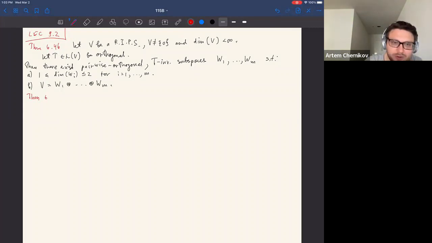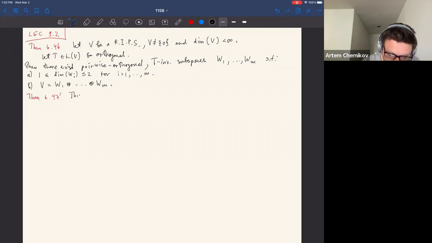So this was theorem 647 prime. Given this V, T, and W1 through Wm like in theorem 646, we then have additional properties.